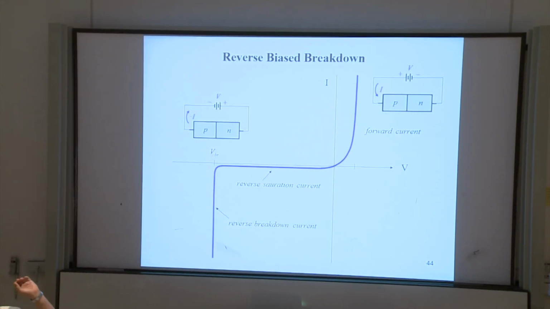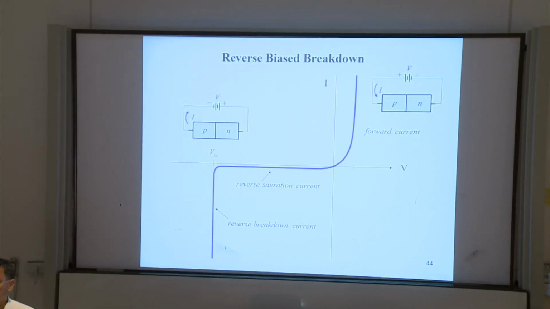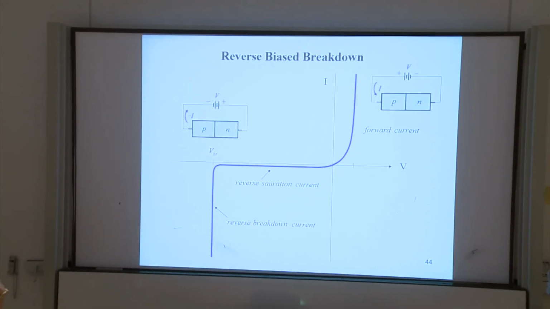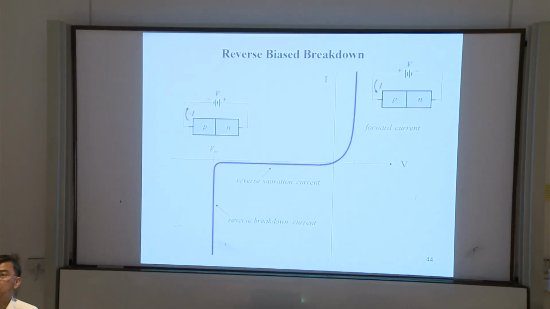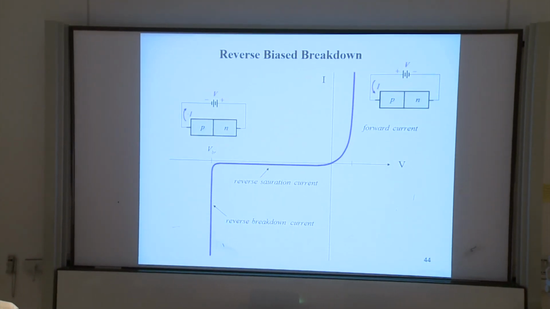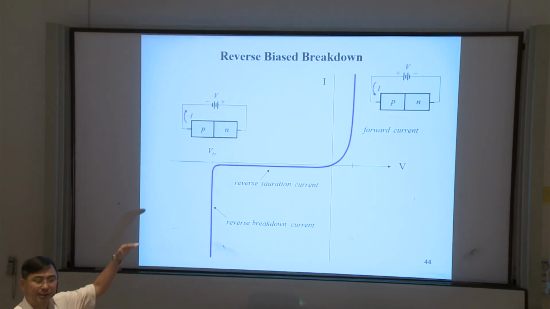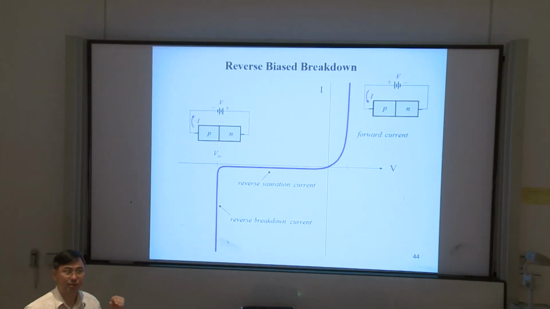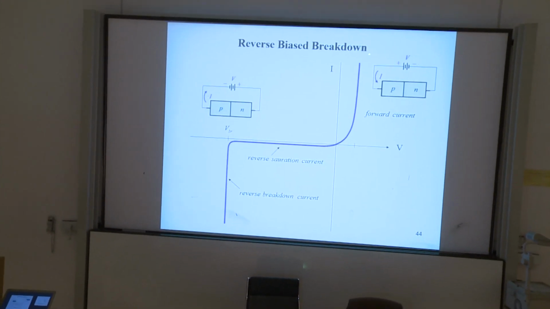This is only for a PN junction without illumination. Under illumination, the curve will change, but not very significantly. It's just an offset of the curve, so it's very easy.